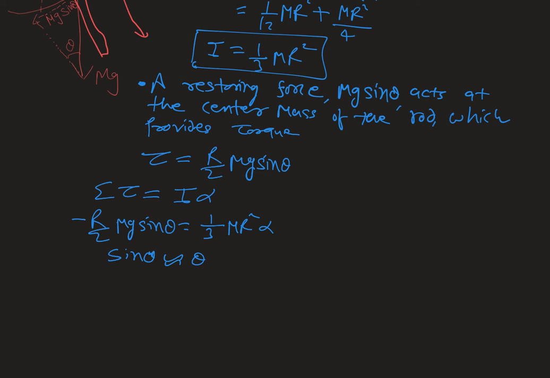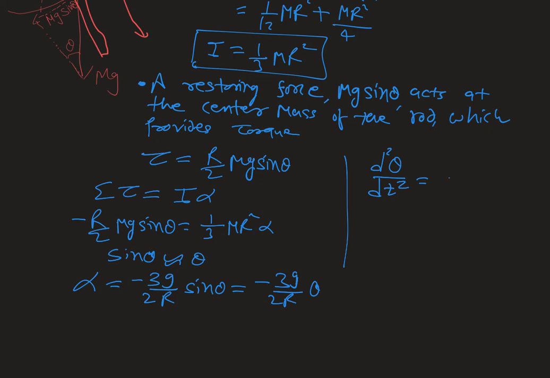So you will eventually have alpha as negative 3g over 2r sine theta, and with the small angle approximation, negative 3g over 2r theta. And as we know, alpha is nothing but d squared theta over dt squared, which equals negative 3g over 2r theta.